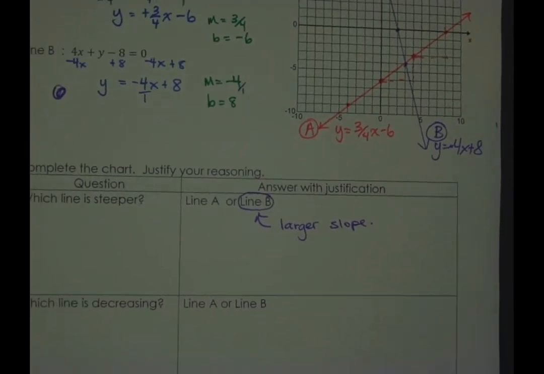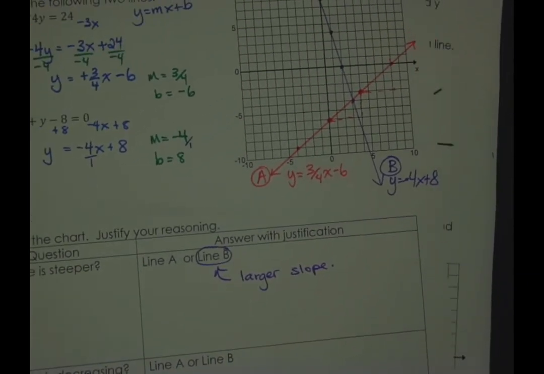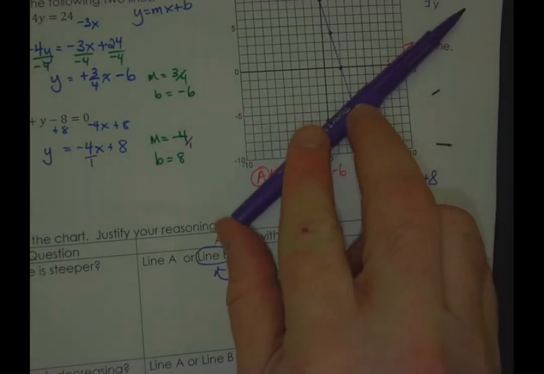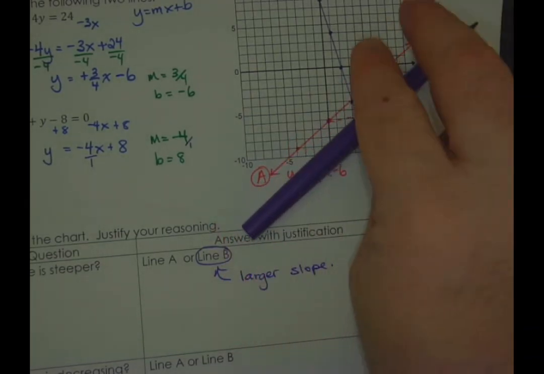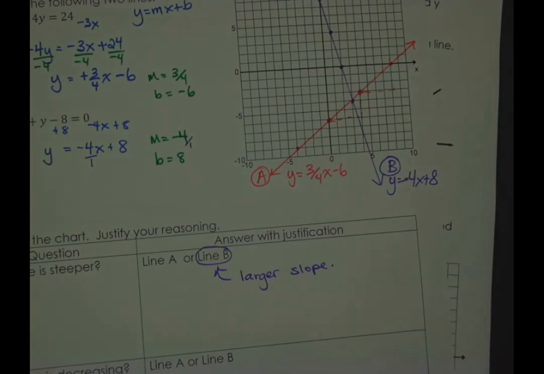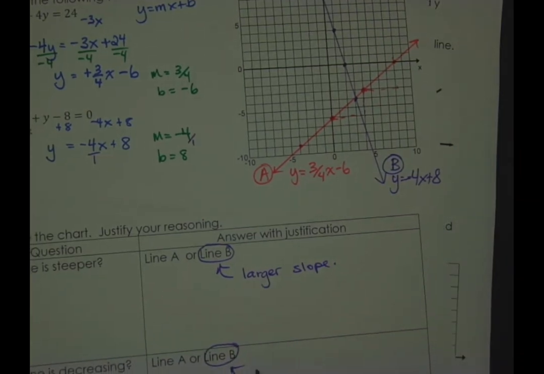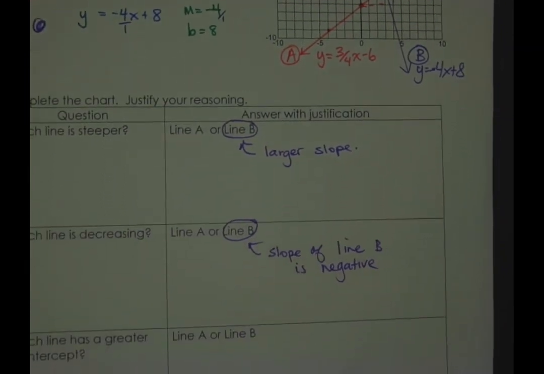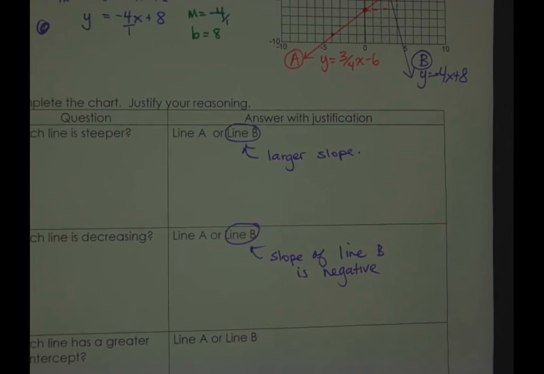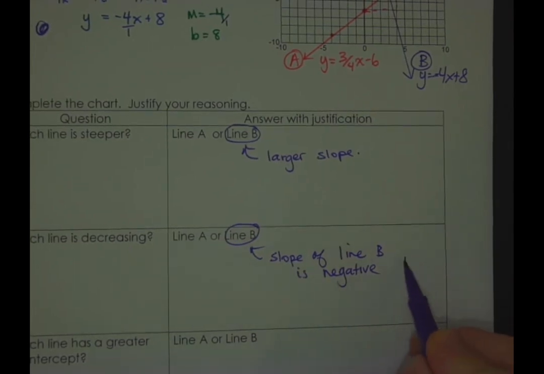Okay, which one's decreasing? Well, if I'm going up to the right, that's increasing. That one's decreasing, so line B again. All right, why is that? Slope of line B is negative.